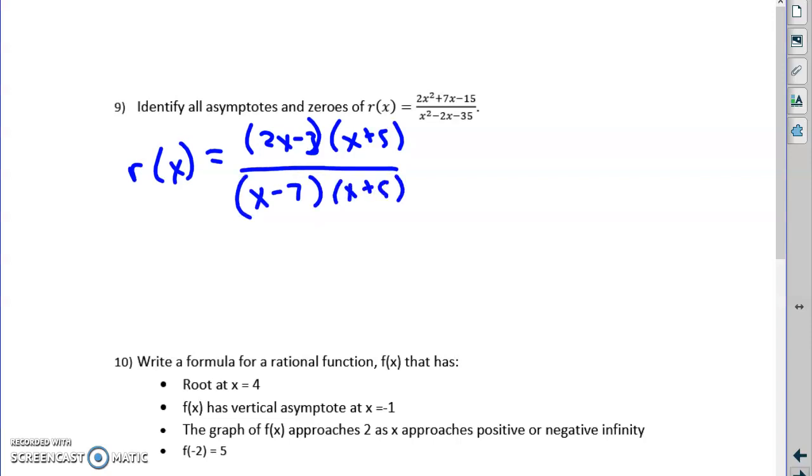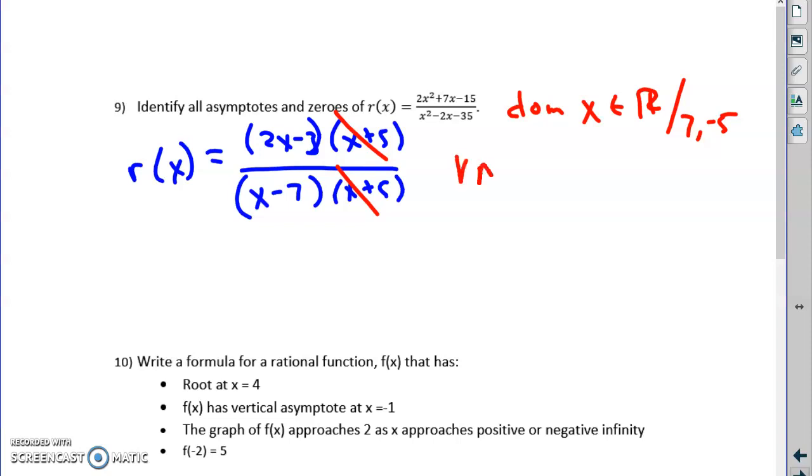Before we cancel, just like we said, we have to find discontinuity, or in other words, what's the domain where it's undefined. So domain, x, all reals, except 7 and negative 5. Now we can cancel. The one that cancels out is point discontinuity. The one that remains is infinite discontinuity.